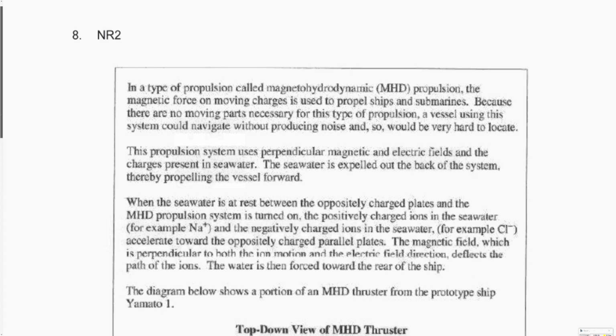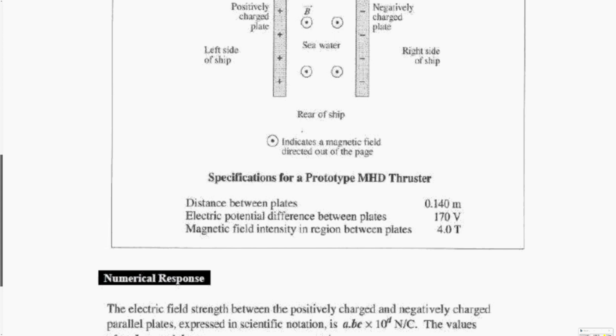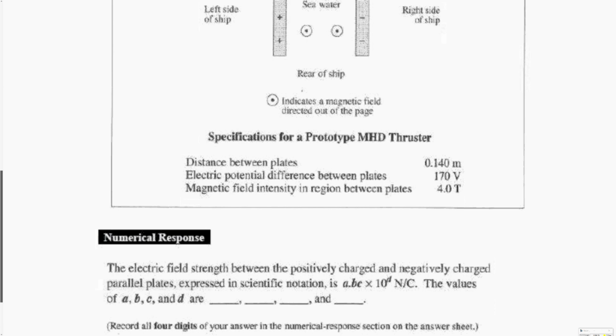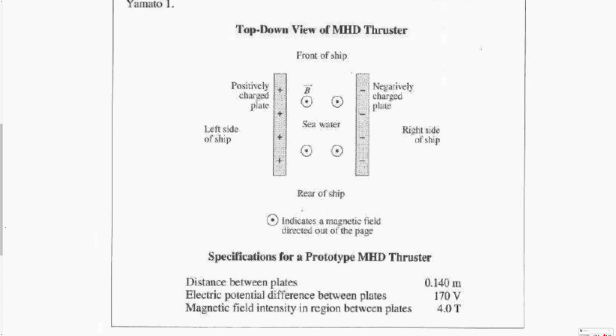Another one. What's the electric field strength? So the field direction is this way. The field strength should be pretty straightforward as well. We're just going to say E is equal to delta V over delta D. 170, I should say, over delta D is 0.140.